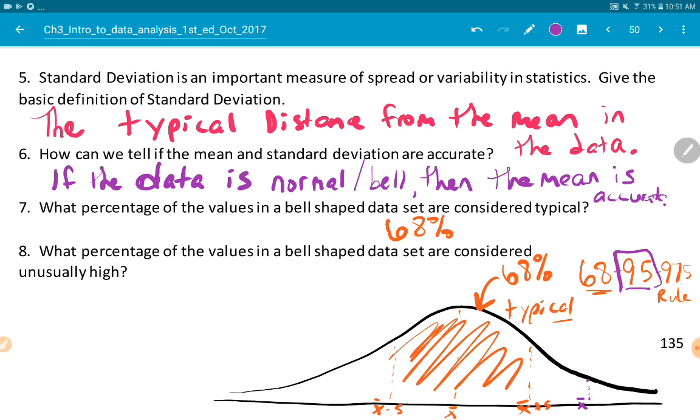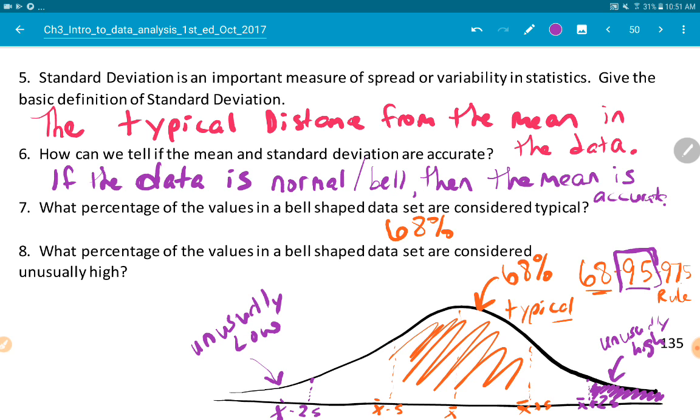So x bar plus 2s, or symmetrically speaking, x bar minus 2s. If I go further than that, these outside numbers, the numbers that are past that boundary, are unusually high. And these are the unusually low.